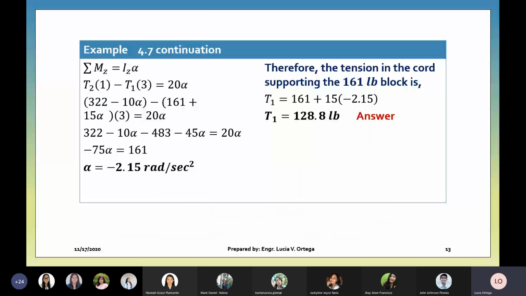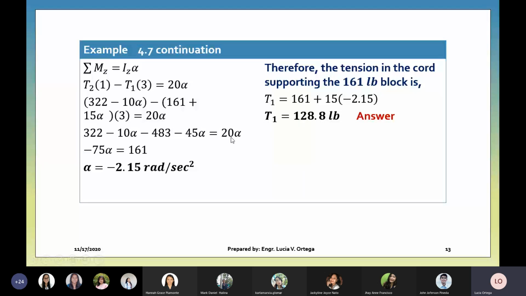So T sub 2 times 1 minus T sub 1 times 3 is equal to the given mass moment of inertia, 20, times alpha. We substitute T sub 1 and T sub 2, which are in terms of alpha. T sub 2 is 322 minus 10 alpha, and T sub 1 is 161 plus 15 alpha, times 3, equals 20 alpha.